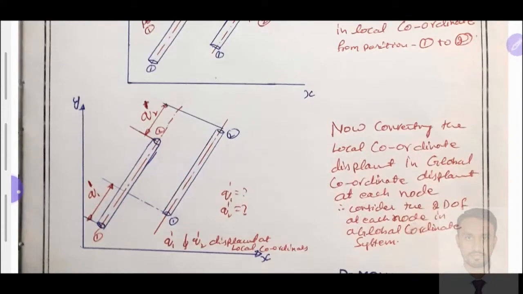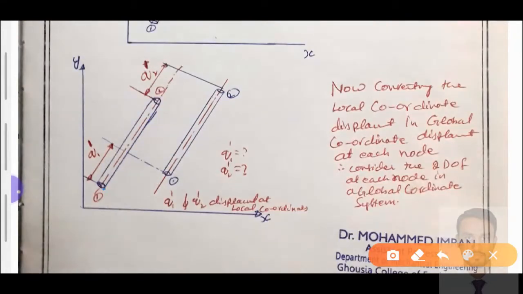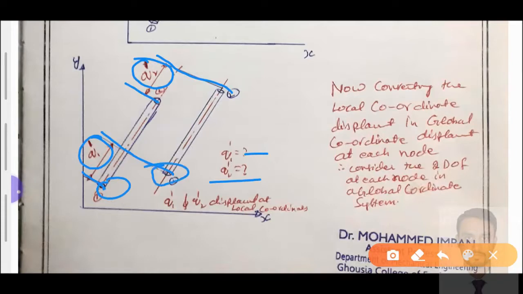After the displacement, node number 1 has shifted from this point to this point, which in the local coordinate system is represented as q1 dash, and node 2 has shifted parallelly from this point to the next point, represented as q2 dash. Then q1 dash equals what, and q2 dash equals what, the displacement from the first position to the second position.